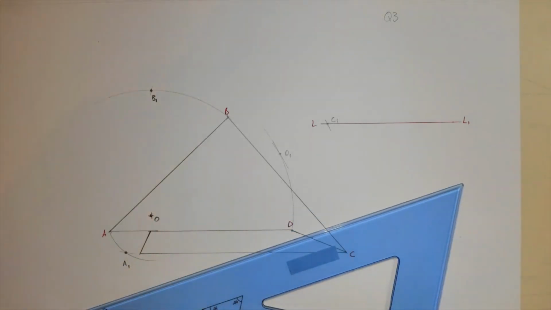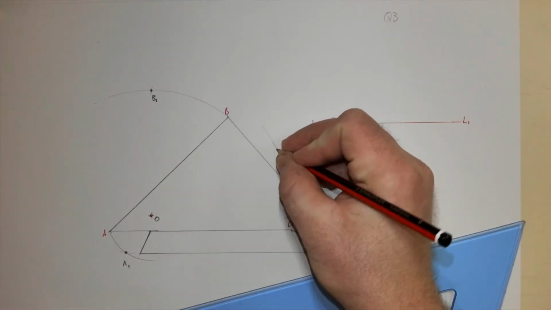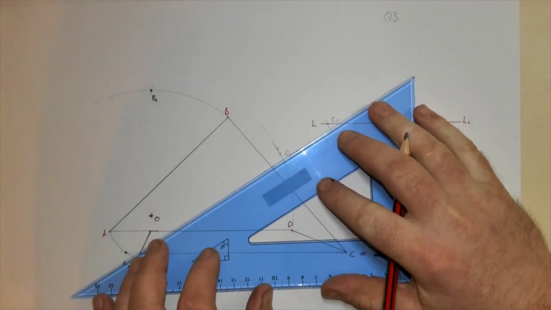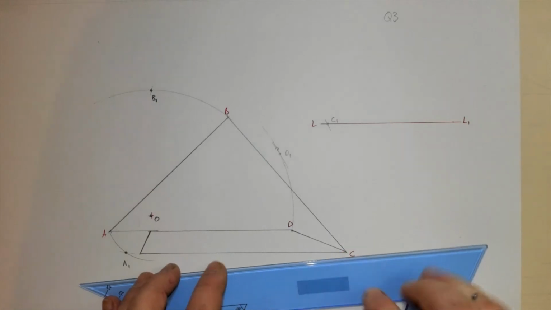Actually, that's slightly higher than D1 there. I'm just looking now. It's very hard to say exactly where that is. It shouldn't be in line with D1 as mine was. It should be slightly above it because there's a curved line here.